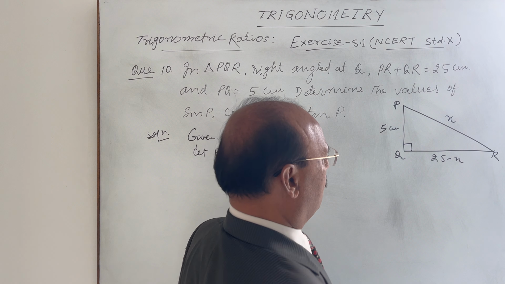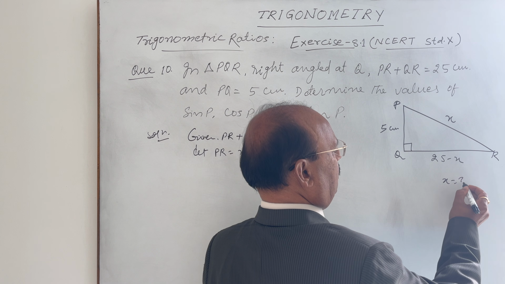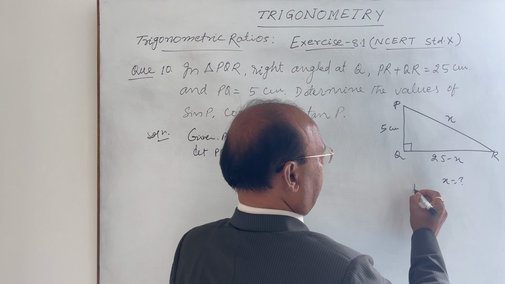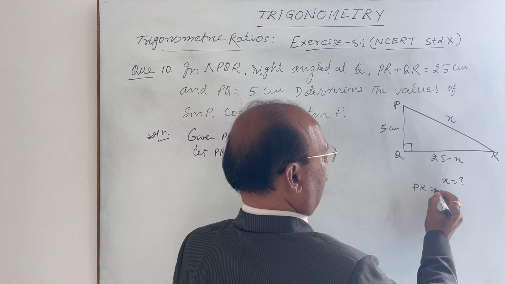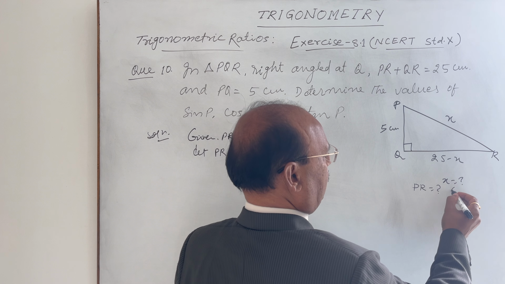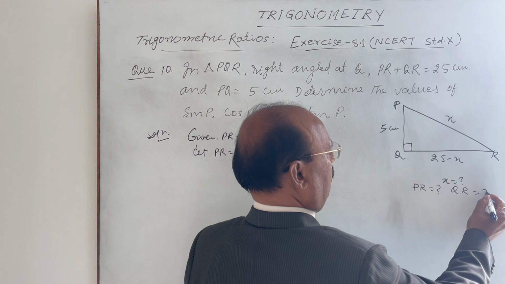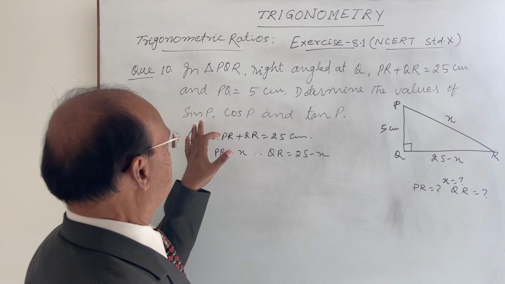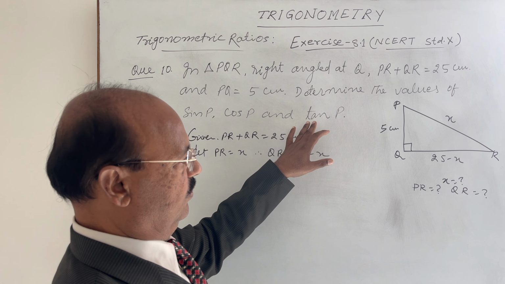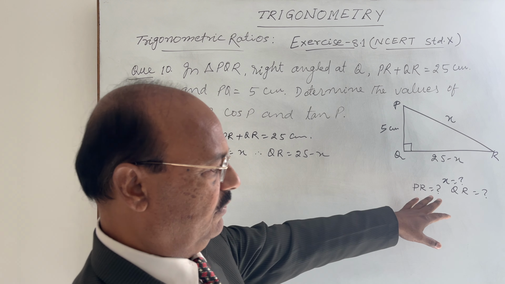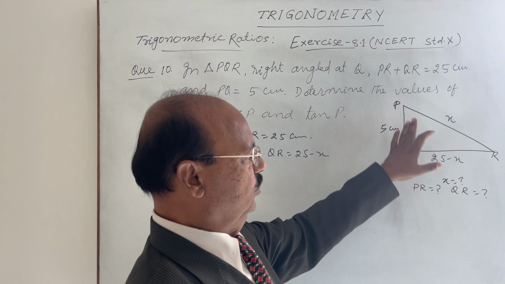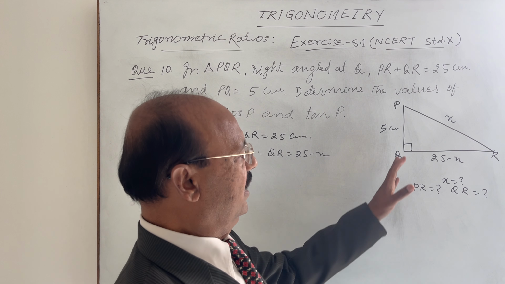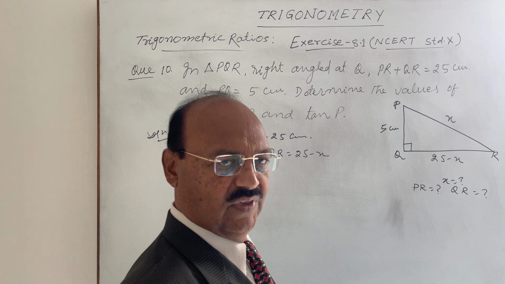Now we will find the value of X so that we could get the lengths of the hypotenuse PR and QR. We need all three sides for finding sinP, cosP and tanP. So let us find the value of X, then we will be able to get PR and QR. Here we will use the Pythagoras theorem.